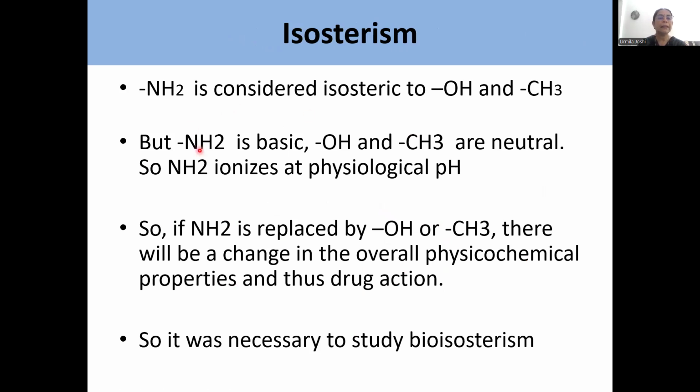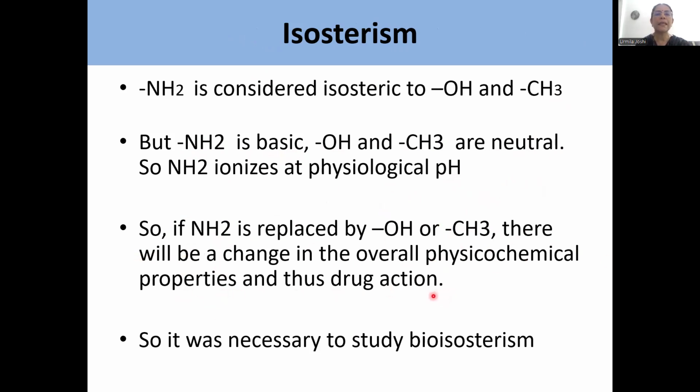Now, NH2 you know is basic in nature, whereas OH and CH3 are neutral. As a consequence, NH2 ionizes at physiological pH and it exists in form of a cation. OH and CH3 are not cation. So, if NH2 is replaced by OH or CH3, there will be a change in the overall physicochemical properties and thus drug action.